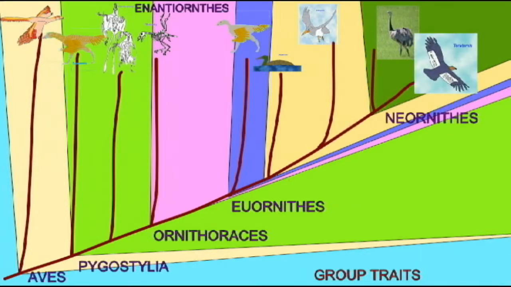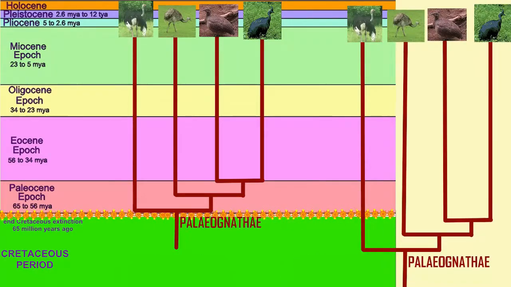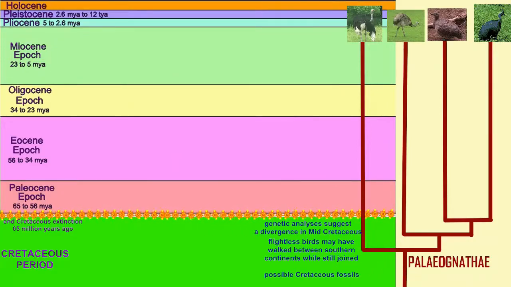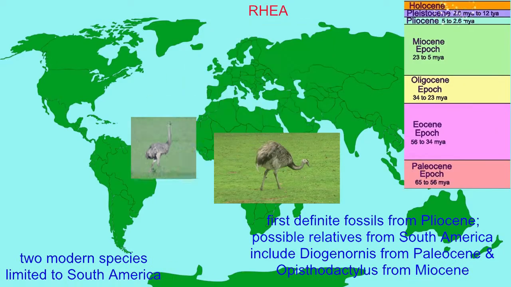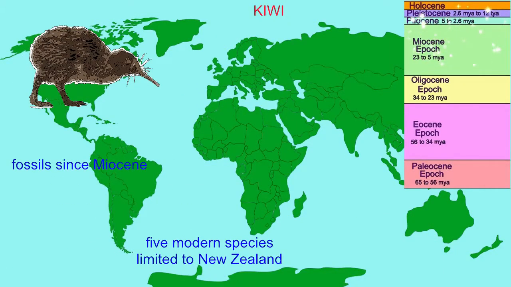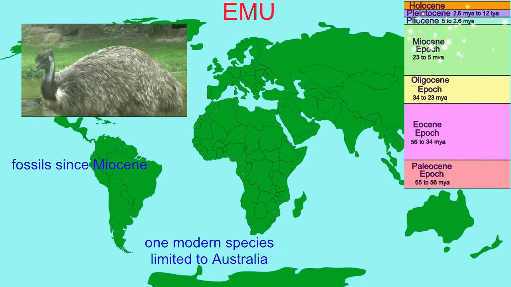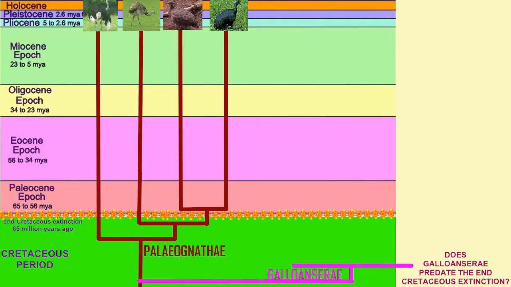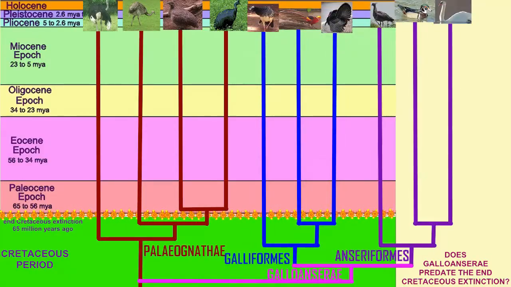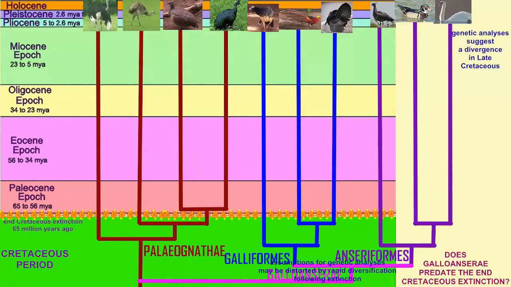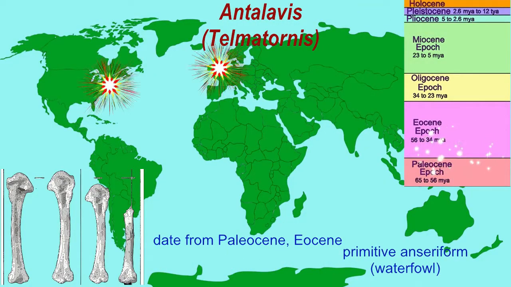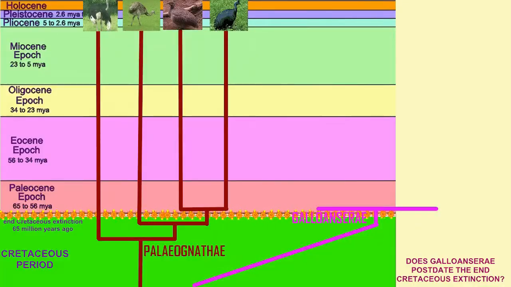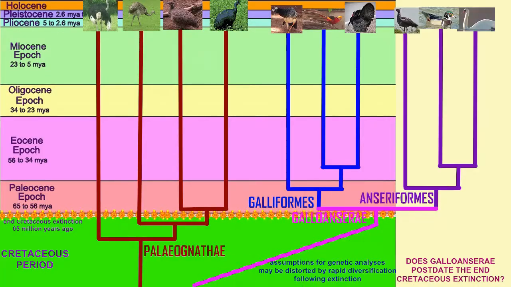The bird groups which are the oldest branches of the avian family tree still alive today are easily recognized. These would include the paleognathous birds such as ostriches, rheas, and tinamous, and then some bird orders such as the galliforms, the chickens and their kin, the anseriforms, the ducks and their kin, and others.